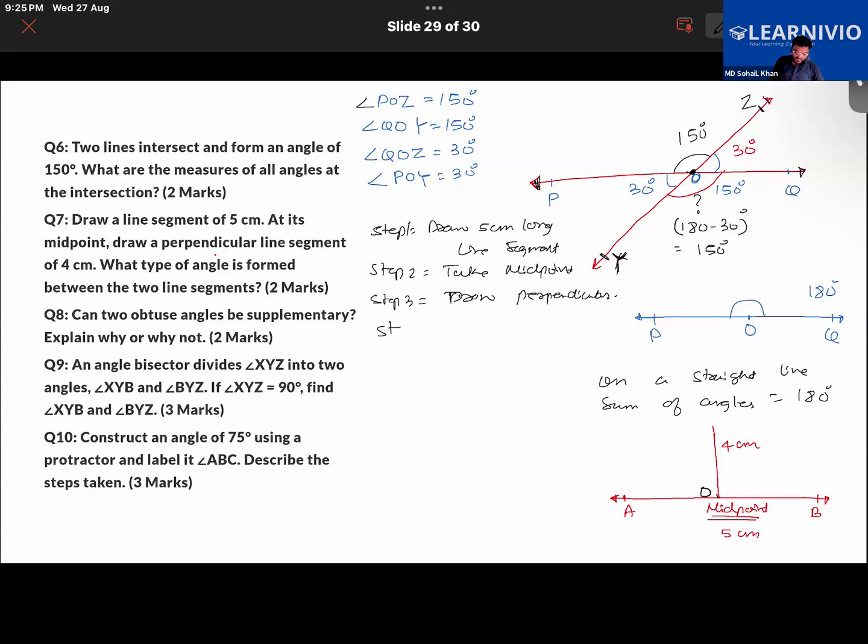Okay. Step number 4, take the measure of 4 centimeter and then mark it on the perpendicular line. Okay.